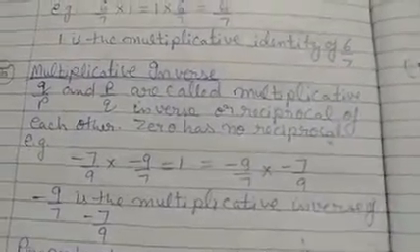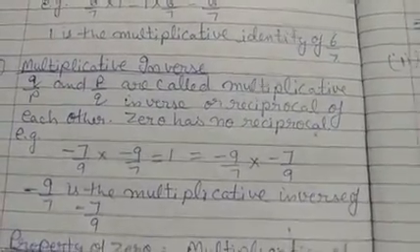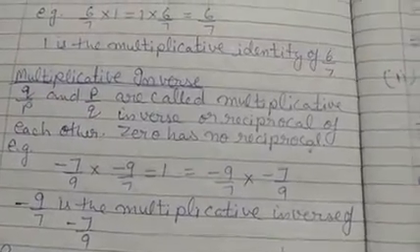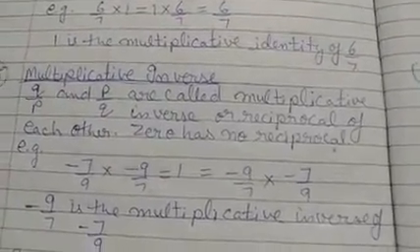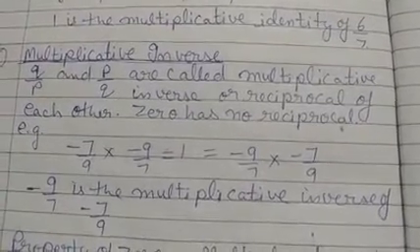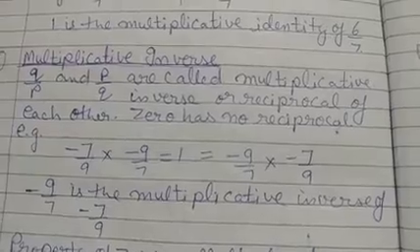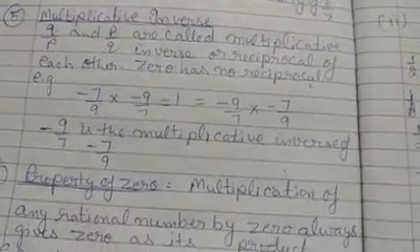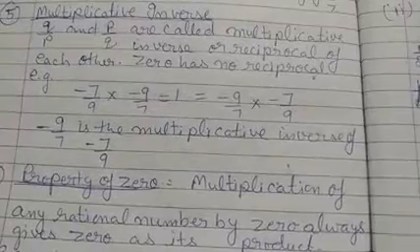Multiplicative inverse. Numbers are the multiplicative inverse or reciprocal of each other. 0 has no reciprocal. We can't make the reciprocal of 0. So when you multiply any rational number with its reciprocal, you get 1, which is the multiplicative identity.